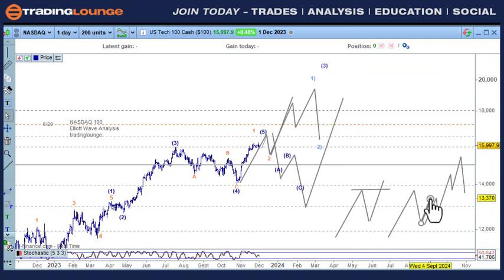This is why, because there's stocks like Meta, and Google's another one, where they've dropped back quite deep here. So it's telling me that these stocks like Meta and Google are actually leading the way.